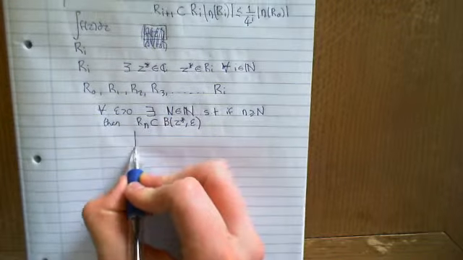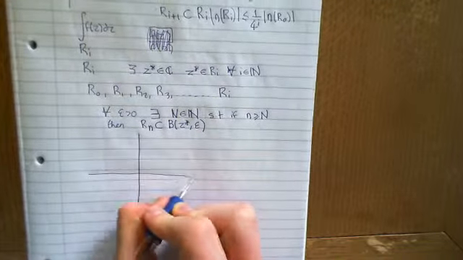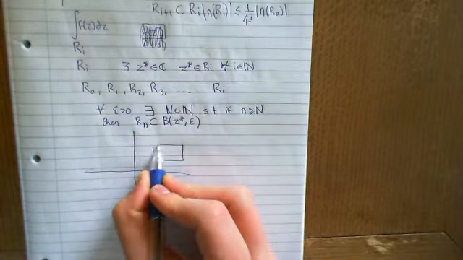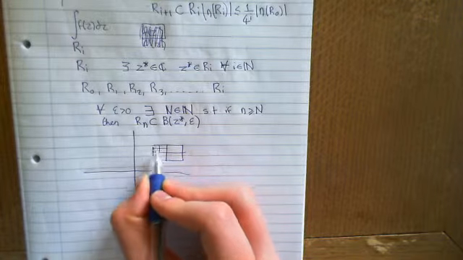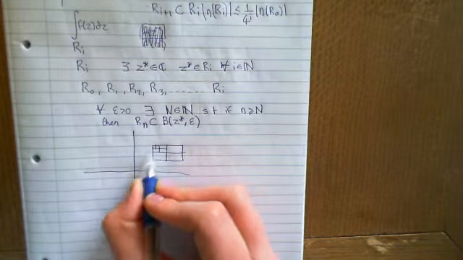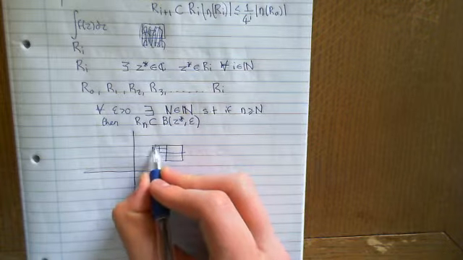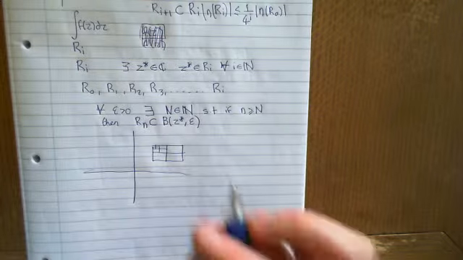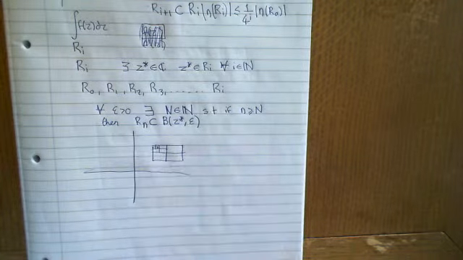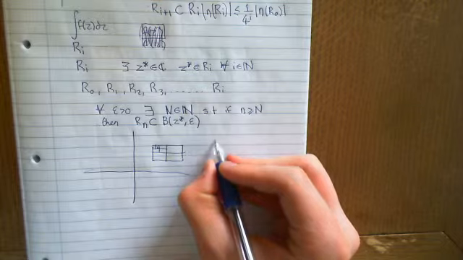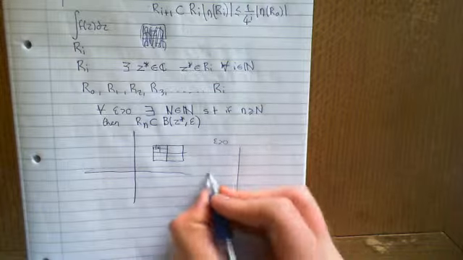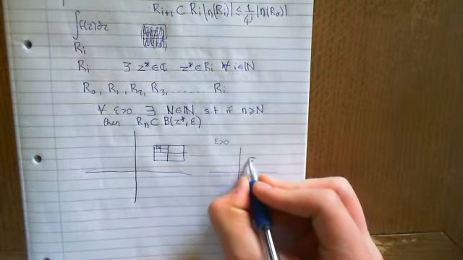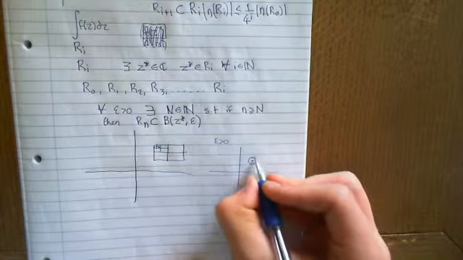Okay, so what that means is we have got this sequence of rectangles. So we've got R0 here, we've got R1 contained within that, we've got R2 contained within that one, and I can't draw any further, but R3 would be one of those little ones there. And there's a point in the complex plane, and you can take any epsilon you like, and you can draw an open ball around that.